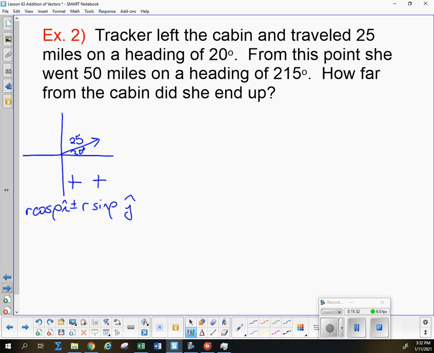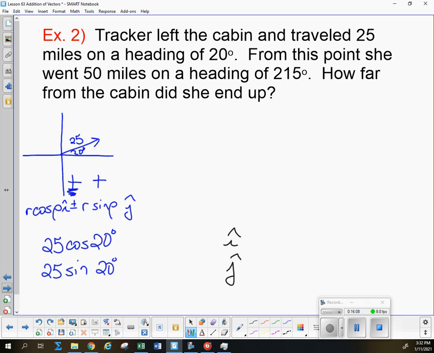So for this vector I am going to say that it is 25 cosine 20 degrees, and I made that positive. My sine is also going to be positive, 25 sine of 20 degrees. The cosine one is going to be my i-hat, and the sine one is going to be my j-hat. And you'll see in a moment why I left that space in there.